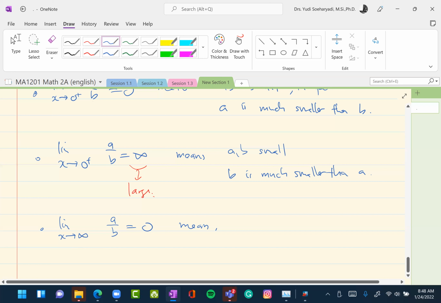This means A and B are large. Why large? Because of this. But now the ratio is zero. Why zero? What does it mean? Well, just because B is much larger than A.